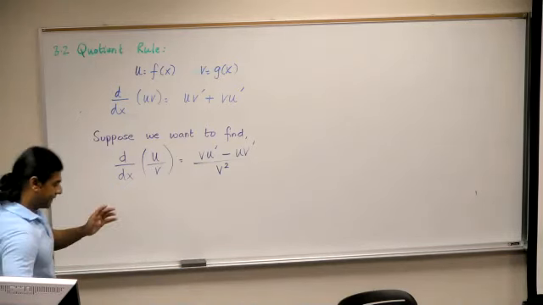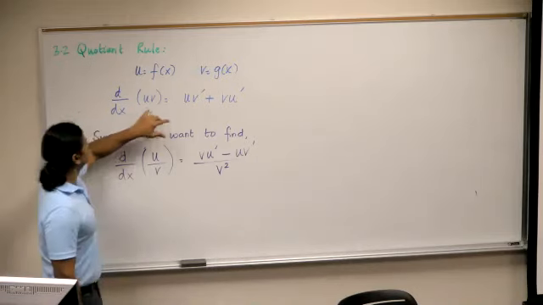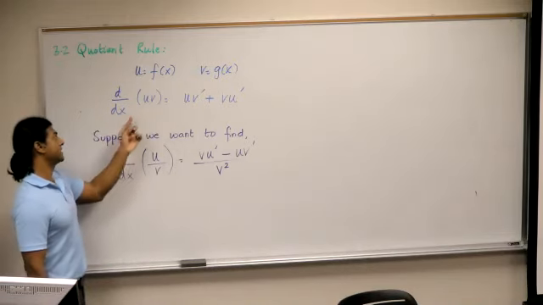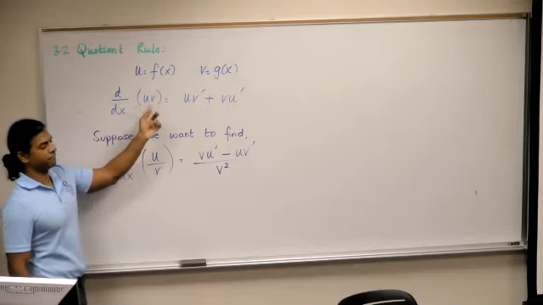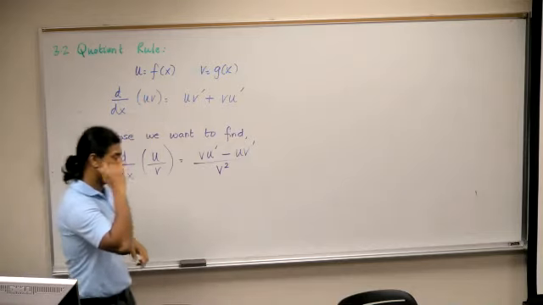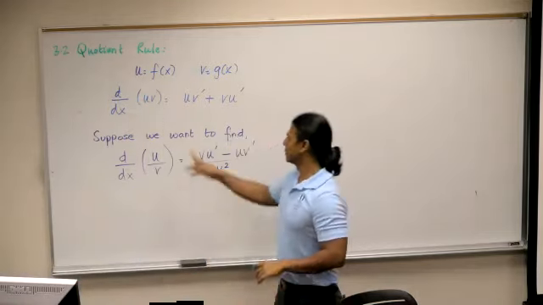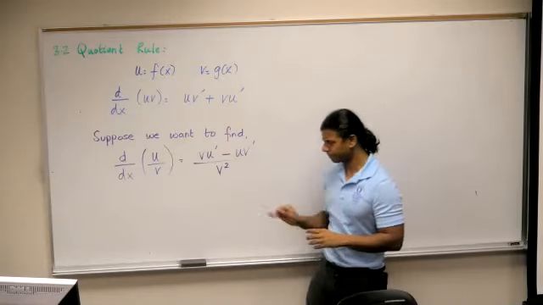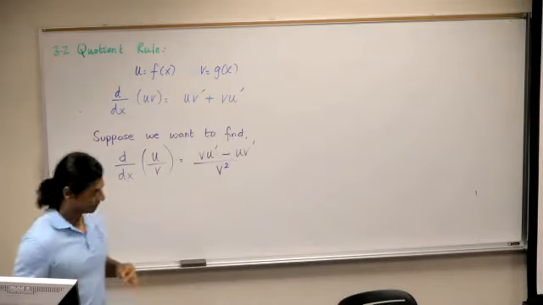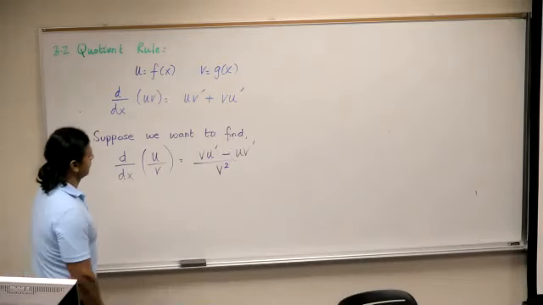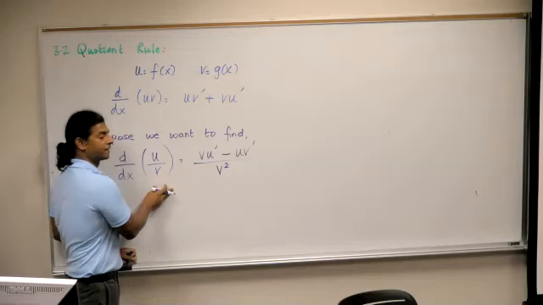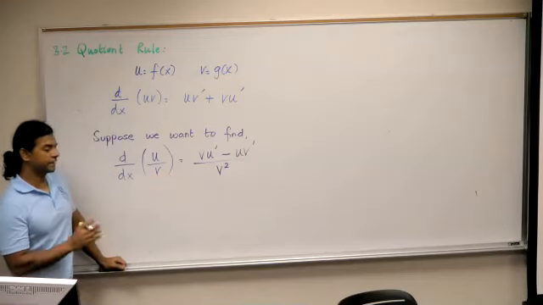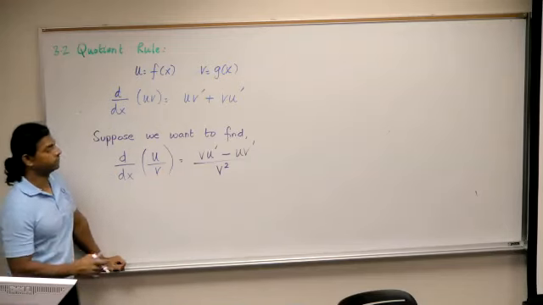Last time I took this elaborate approach to prove that the derivative of u times v, when both u and v are functions of x, would equal u v prime plus v u prime. This time, I want to show this, but I want to keep things simple.